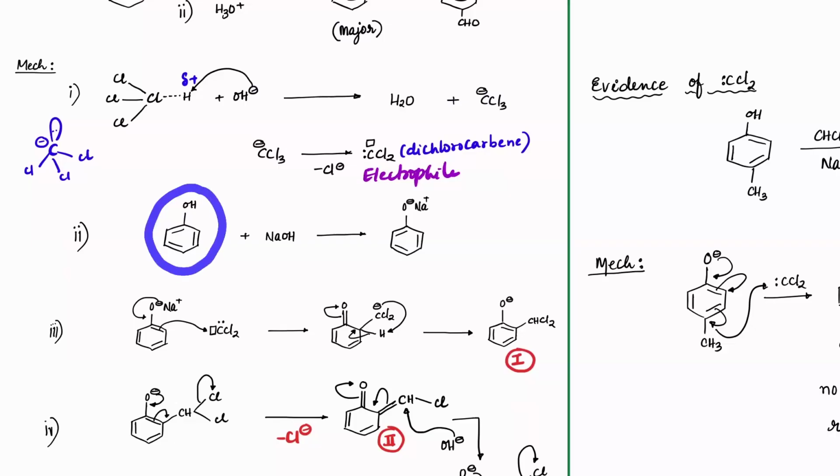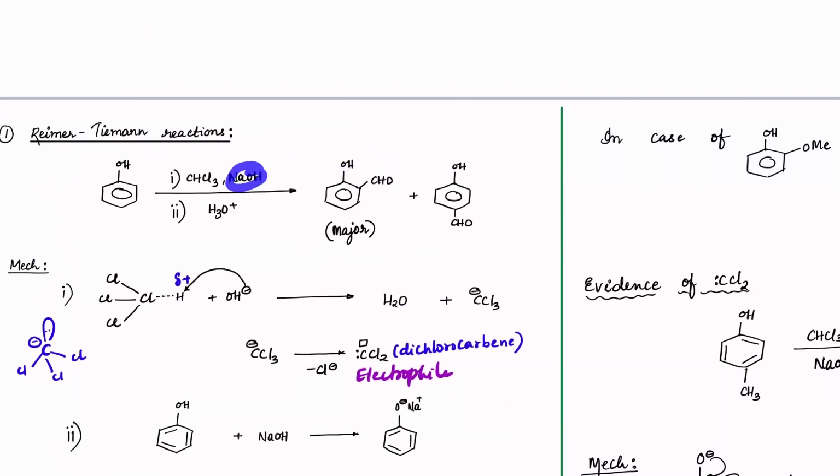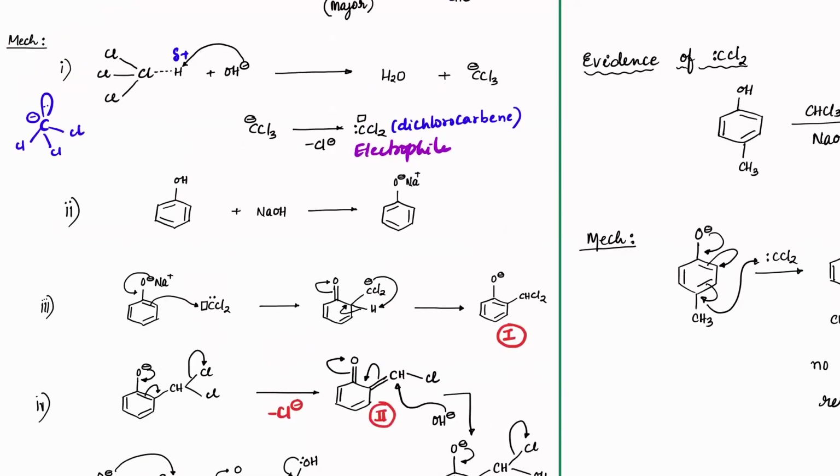Now, on the other hand, when you react phenol with NaOH, because you're keeping the medium basic, it will first become the phenoxide ion. And phenoxide ions are highly reactive. So this O- will try to push into the double bond form. From this pi bond, it will push into CCl2.